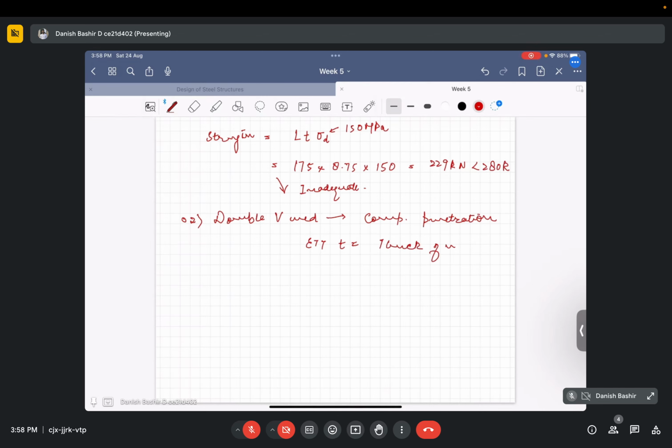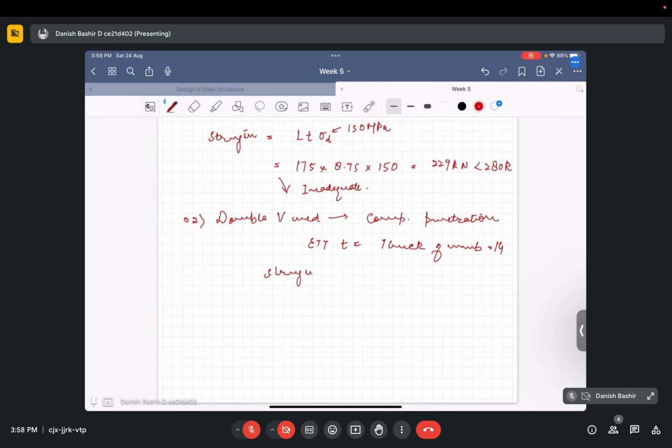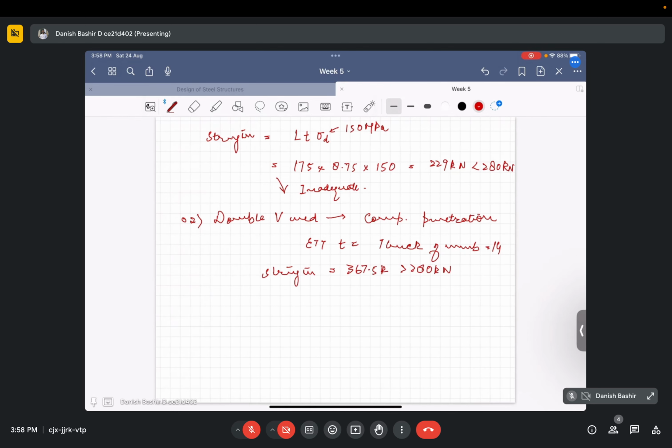If you calculate the strength, that comes out to be 367.5 kilonewton, which is greater than 280 kilonewton. So this weld is adequate.